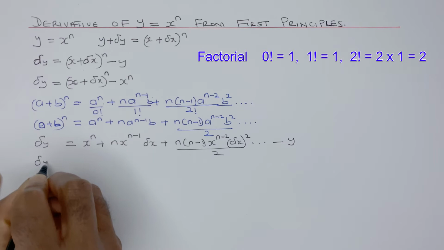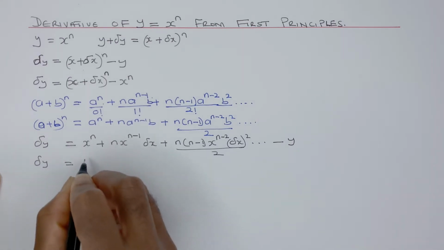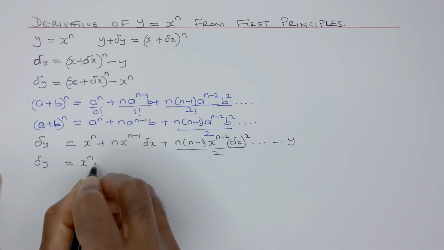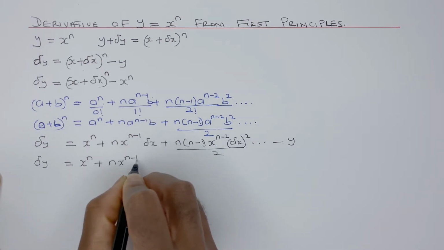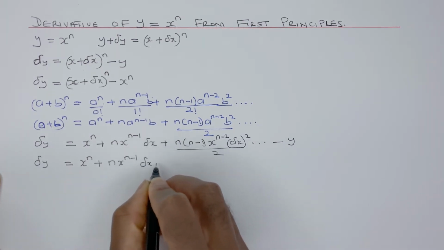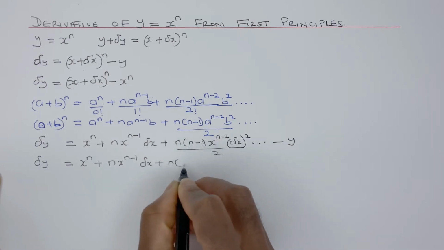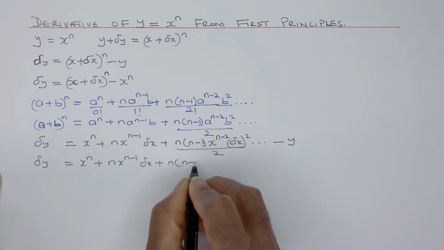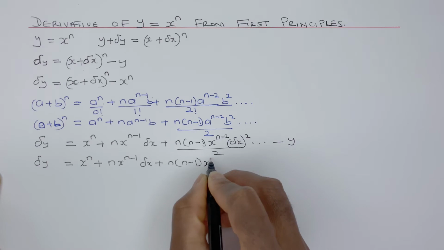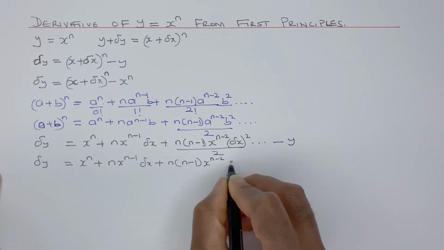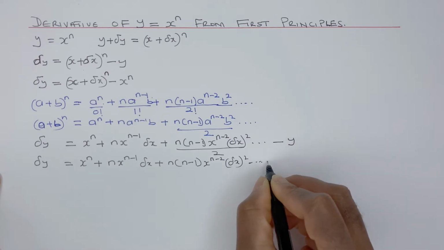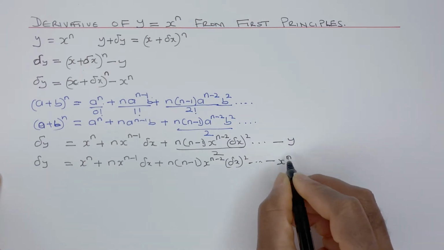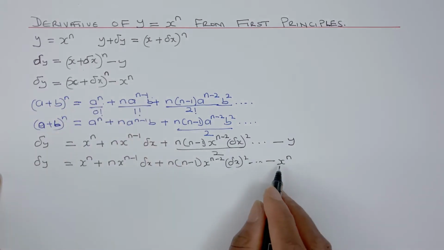So delta y equals x to the power of n plus n x to the power n minus 1 delta x plus n into bracket n minus 1 x to the power n minus 2 delta x squared minus x to the power of n, which is actually what I've written there.